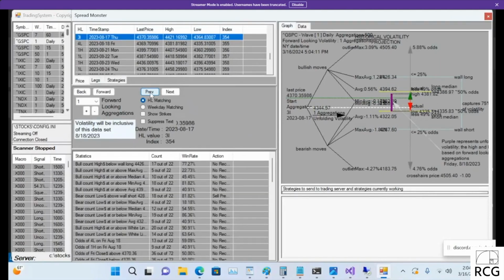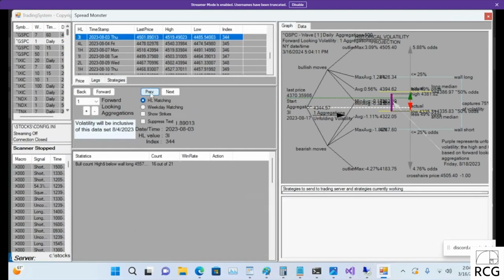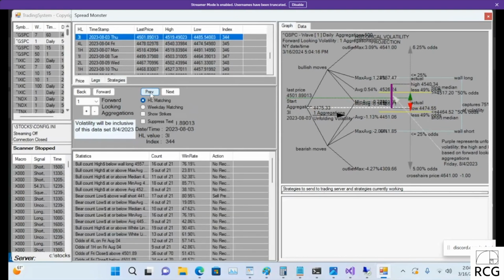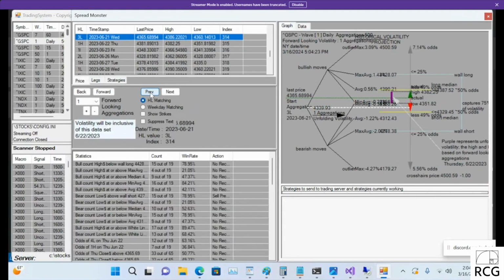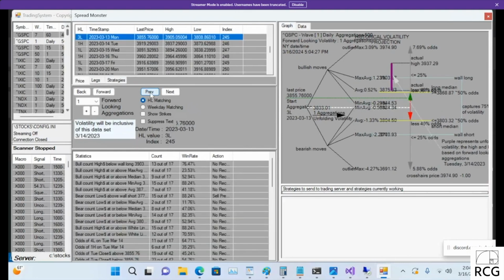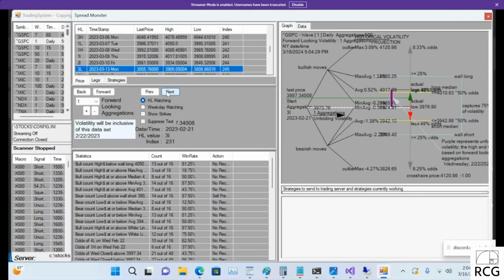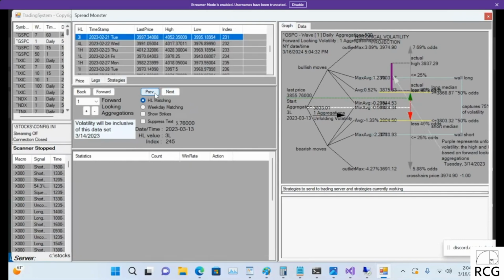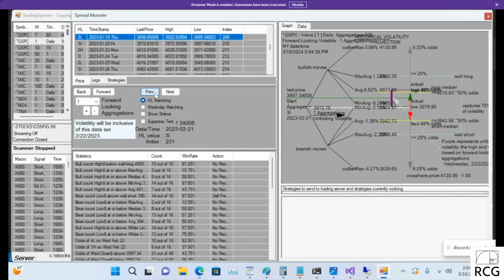So this is good to know information because a lot of times on the 3L, we're hitting the top yellow line, or at least getting close to it. Not a bad day. Yeah, like this one. That one just shot above the yellow line on that 3L.